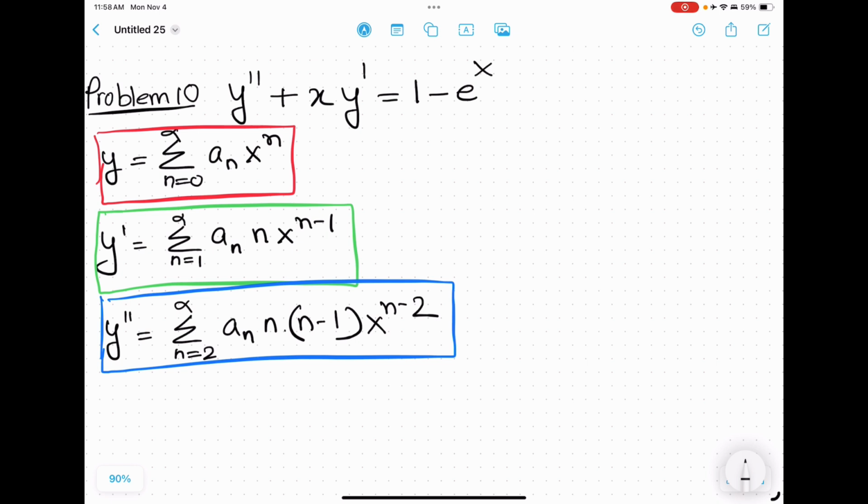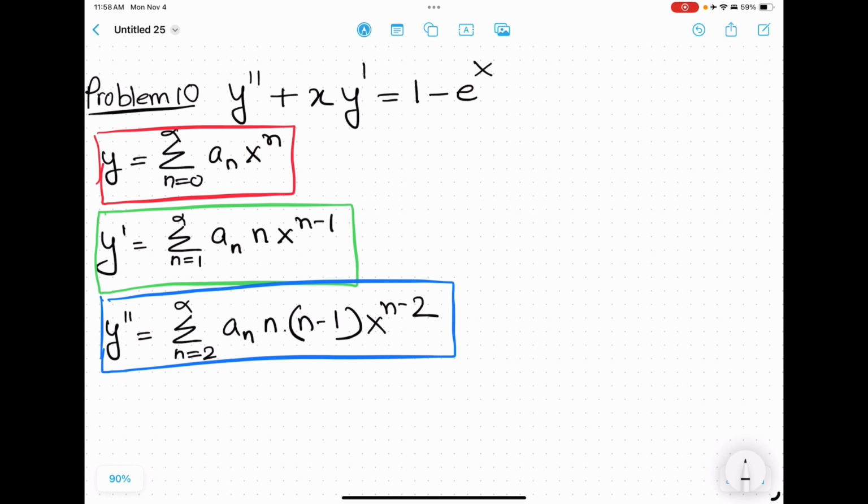Now, at our right, we have something new. We have a new guest, e to the power x. In previous videos, there was one question where we had to deal with cos x, and we learned about the power series for cos x.